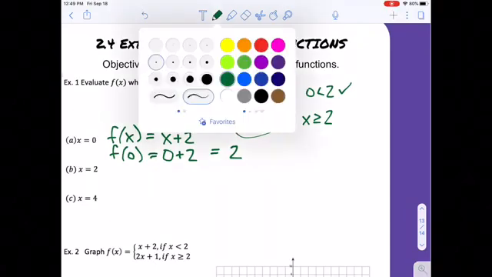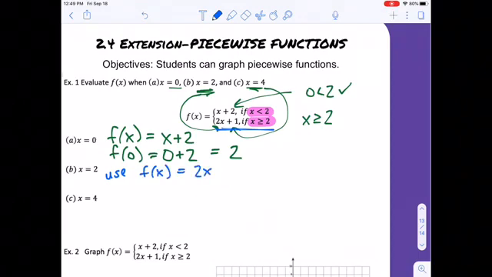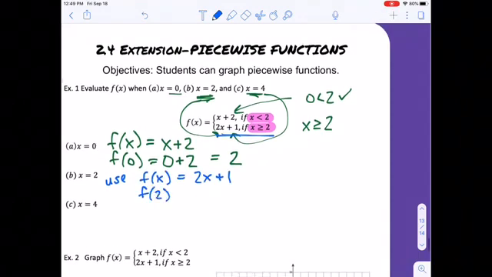For the next two, x equals 2 and x equals 4, we will use the second equation. So we'll use f of x equals 2x plus 1. We'll plug in f of 2 because that satisfies our stipulation here. And we will solve and get that f of 2 equals 5.